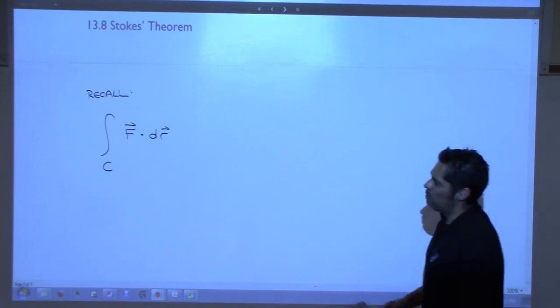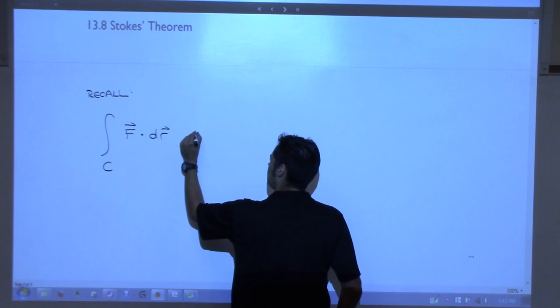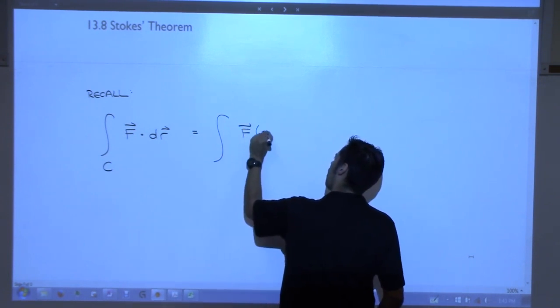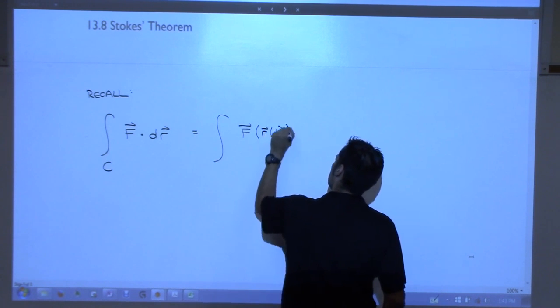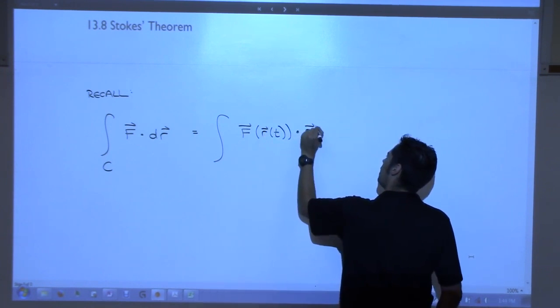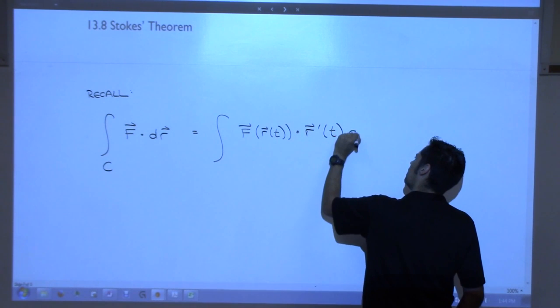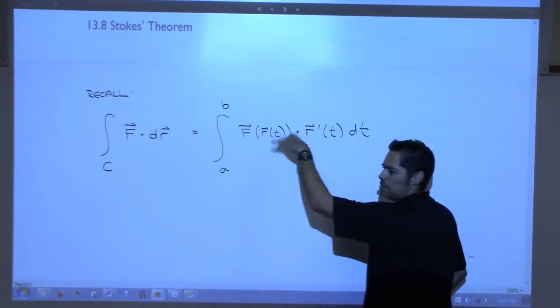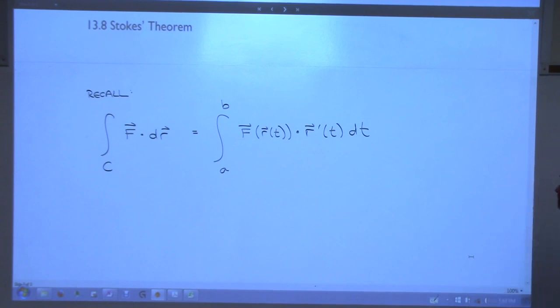There was a formula for this. This was the line integral, and you were going to take F, plug in r of t, and then dot that with the derivative of r, dt. You're going to have some restrictions on t, which are going to be your limits of integration.